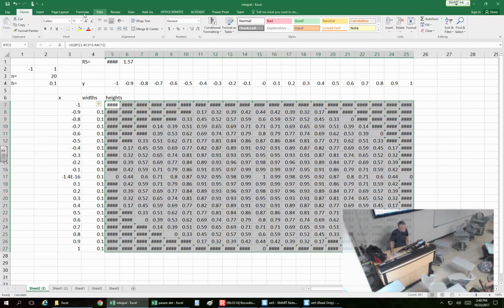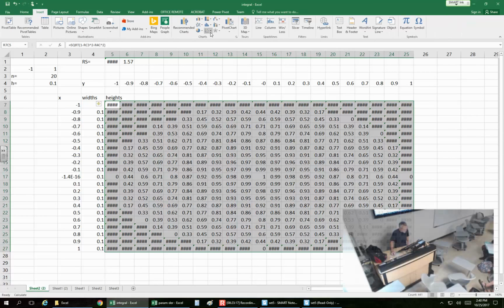So if I go and try to insert, where are the surfaces? There's a surface here.